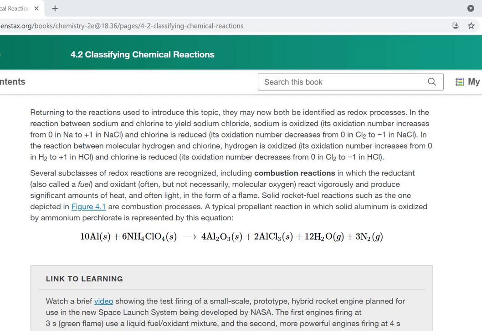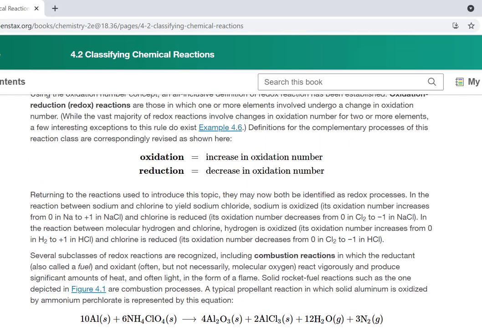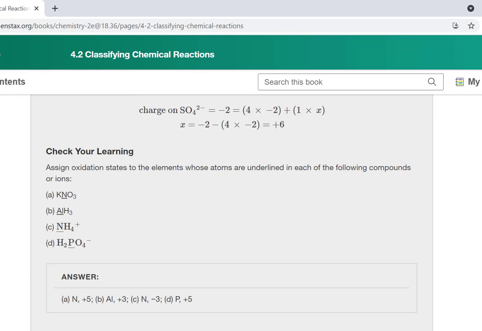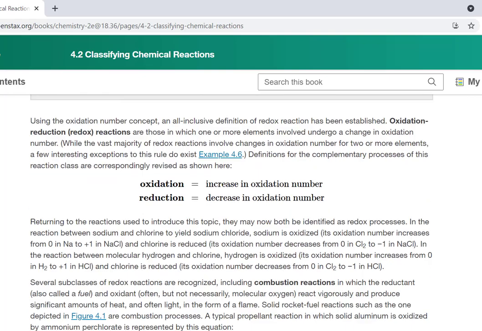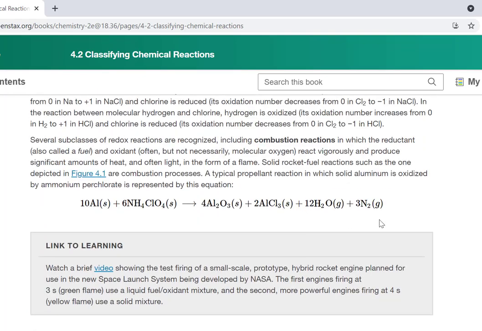A couple of examples of important redox reactions. One is a combustion reaction, and this will often involve oxygen, and you are reacting in a way that produces a lot of energy. We'll talk about energy in a later chapter, but here's an example of a fairly complicated combustion reaction.